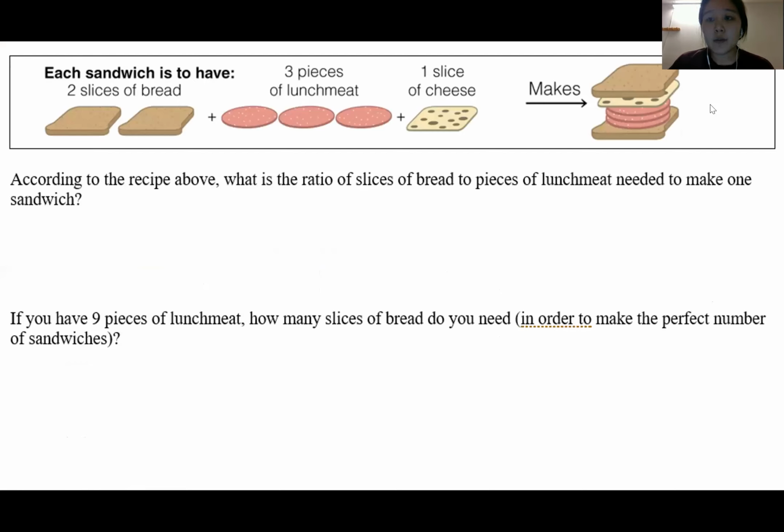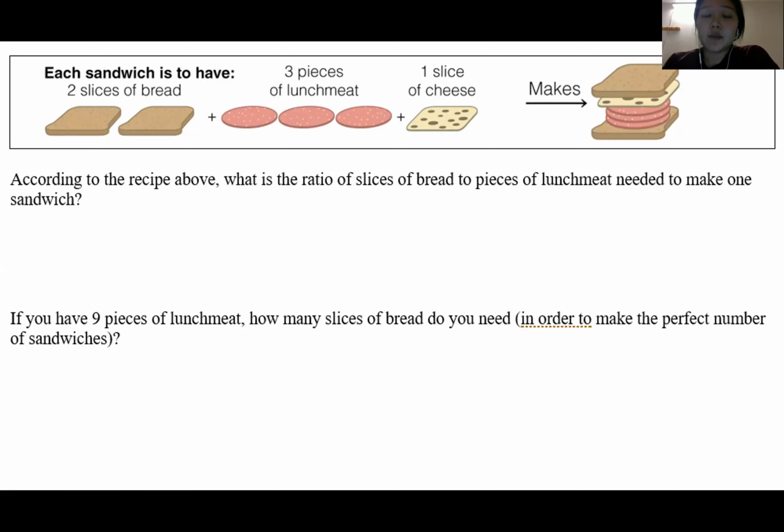To start this topic, I gave you an example of making a sandwich. The recipe is that with 2 slices of bread, 3 pieces of lunch meat and 1 slice of cheese, we can make 1 sandwich.